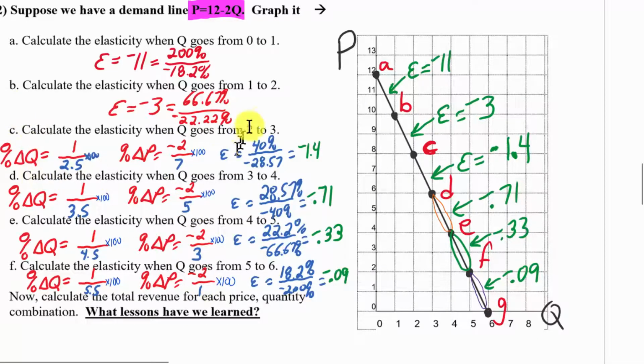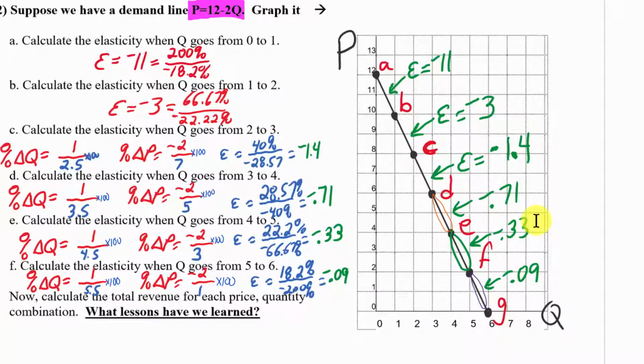So the percent change in quantity we see getting smaller and smaller and smaller. The percentage change in price is getting larger and larger and larger, about 29%, 40%, 66%, 200%. So the way we're calculating this, since it's percentage change divided by percentage change, the numerator is getting smaller, the denominator is getting larger, we're getting more and more inelastic as we go down this demand line.